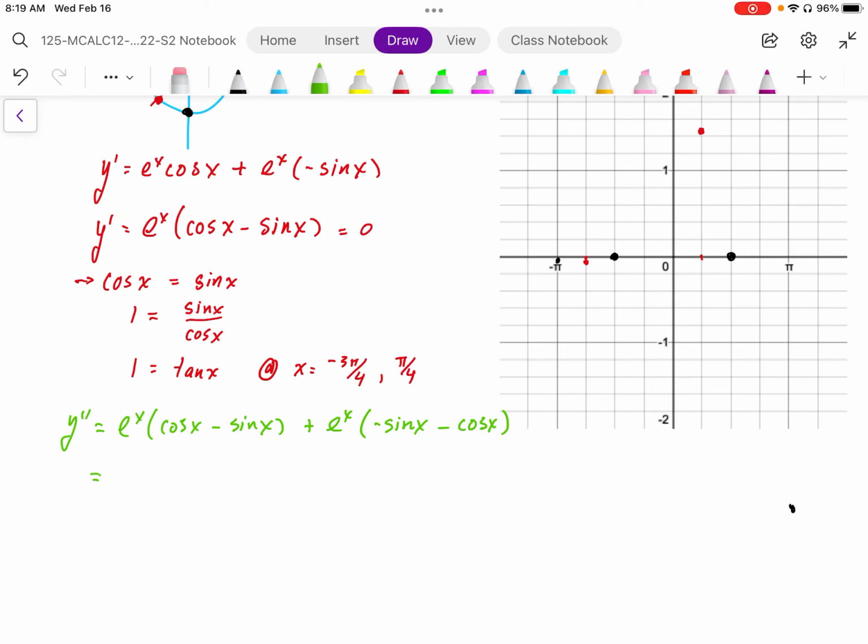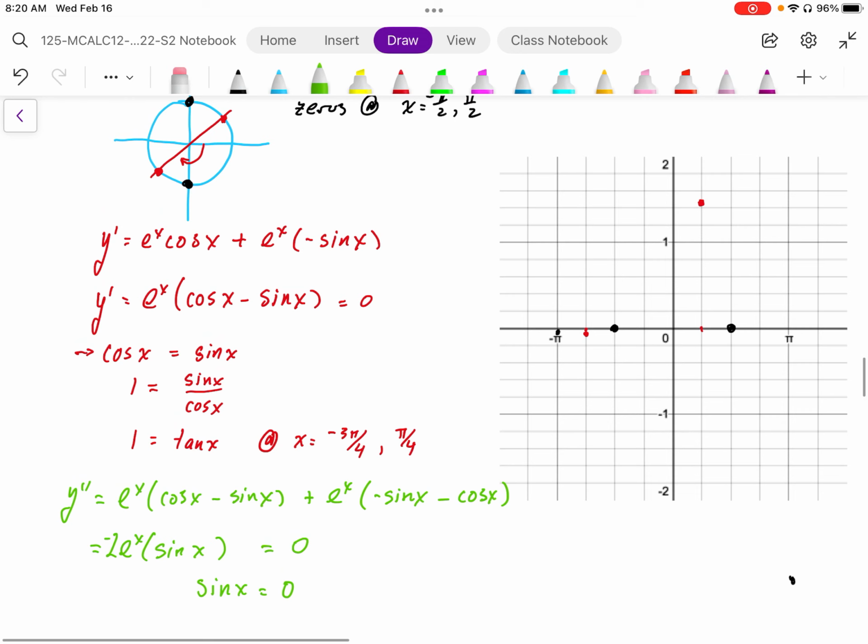The cos x's cancel out, so I end up with e to the x, and I end up with 2 negative sine x's, so negative 2, and I'm going to write that as e to the x sine x. Okay, so there's my second derivative, negative 2 e to the x sine x, and I want to know where this is equal to 0. E to the x is never equal to 0, so we're looking for when sine x equals 0.